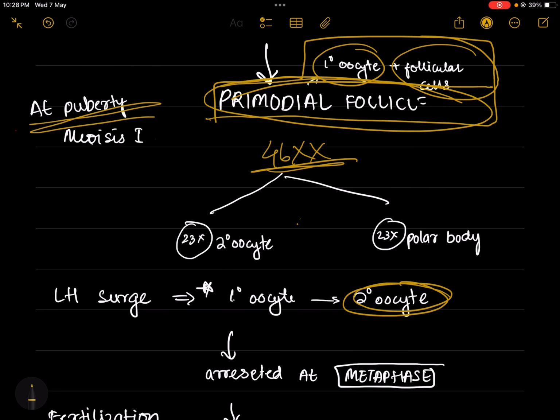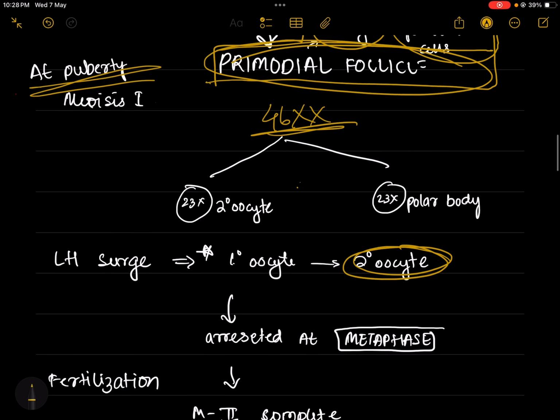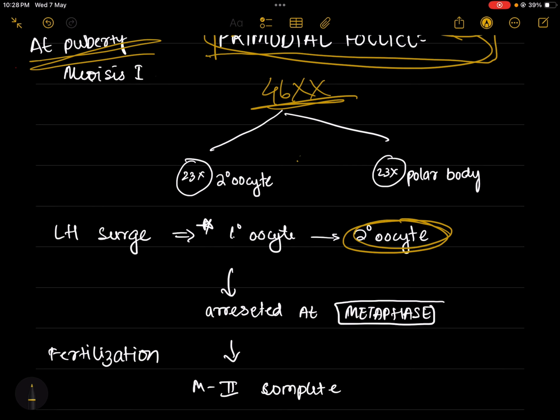Because it has completed meiosis 1 division, it will be called secondary oocyte and it will have half of the chromosome material.